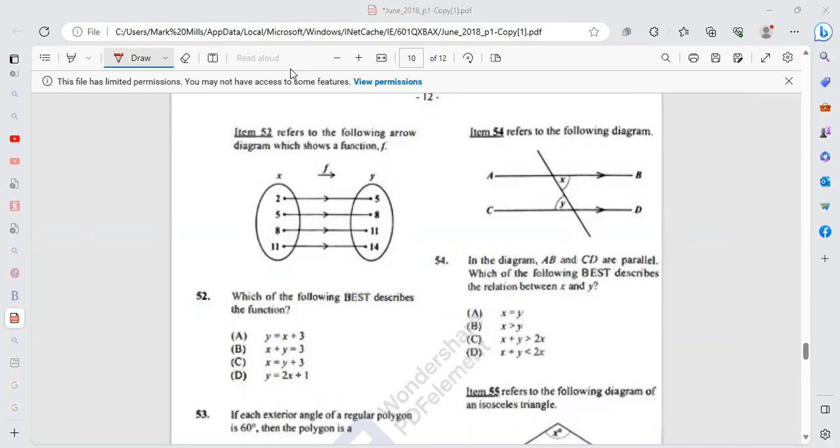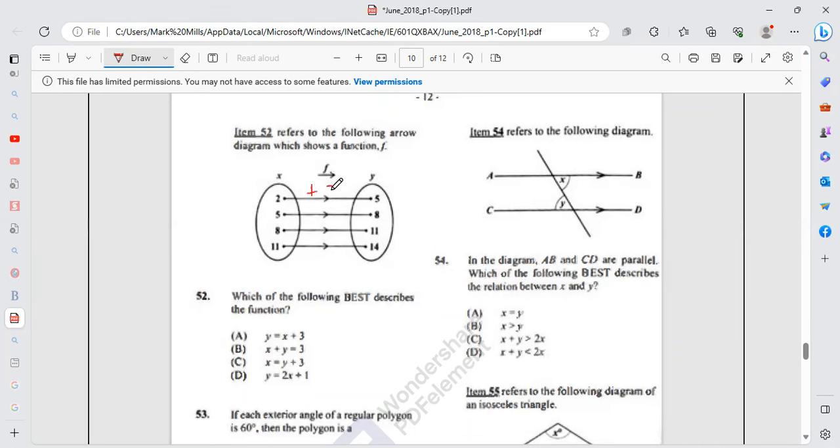Sir, A? A, right, it would have been A. Because remember, these are the values of y. So that be x, and the x values plus 3 will give you the y value. So that's what would have been A.